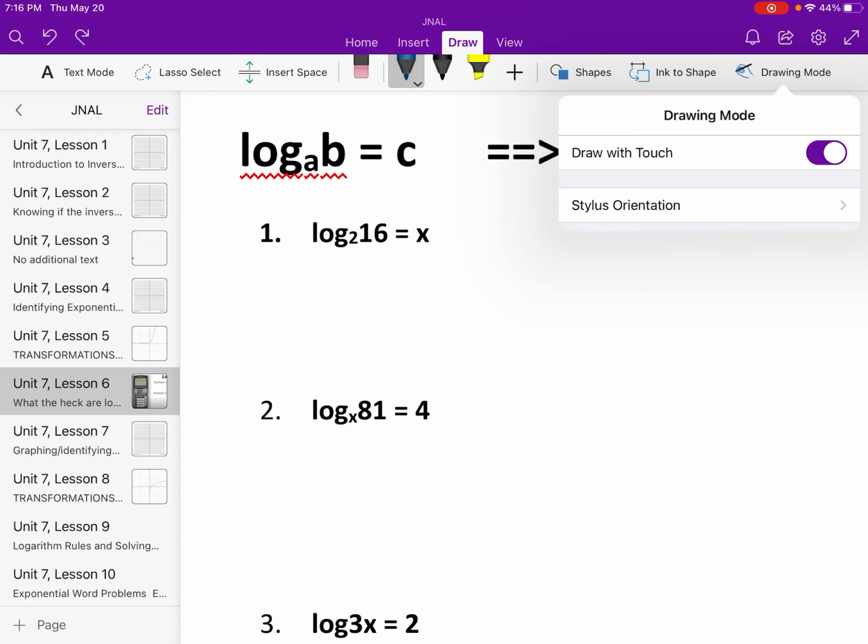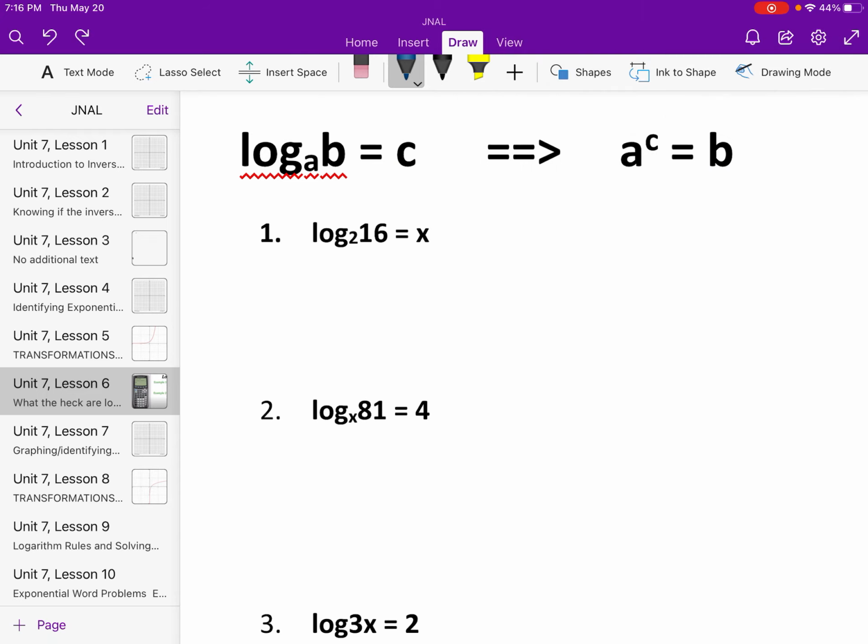So we can see for number 1, what would our a be? Our a would be 2, so we just will put 2 here. What would our c be? C is right here, so c is x. Then we have 16, which is going to be our b.